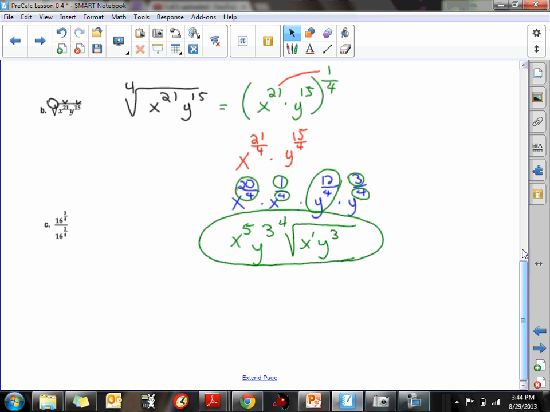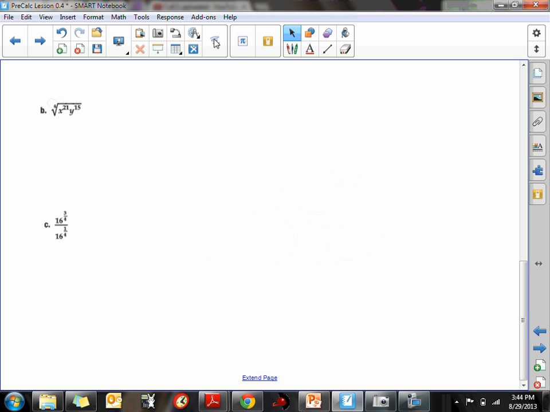And finally, taking a look at this one, they both have a base of 16, so I might just stay with that base of 16. We're dividing, so let's use our quotient rule. It says we should have 16 to the 3/4 minus 1/4.